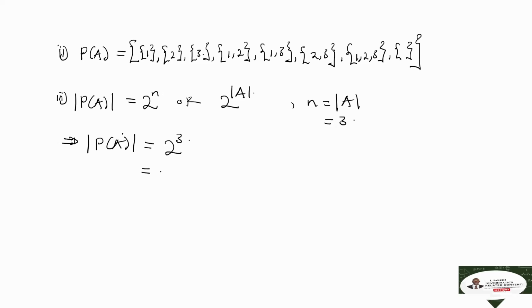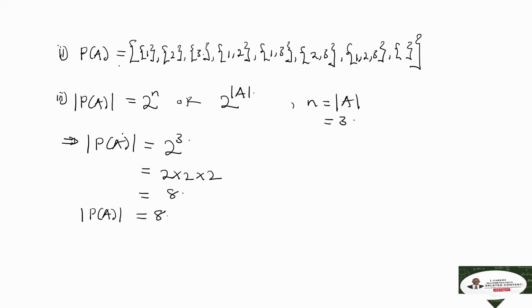If we simplify this, it becomes 2 multiplied by 2 multiplied by 2. This is equal to 8, implying that the cardinality of the power set equals 8.